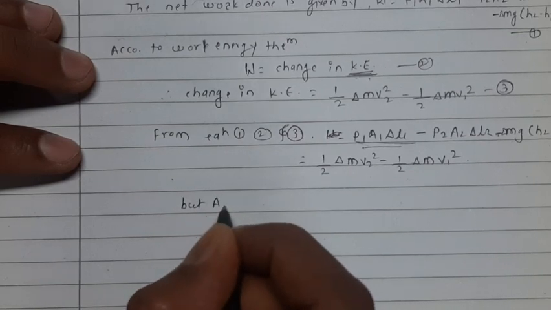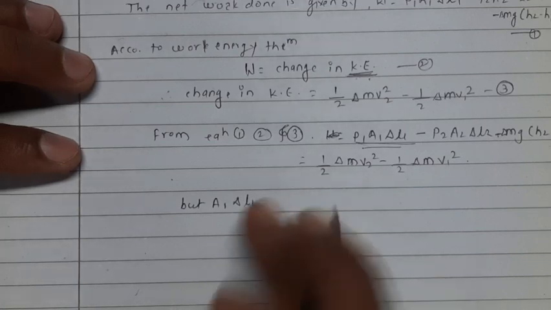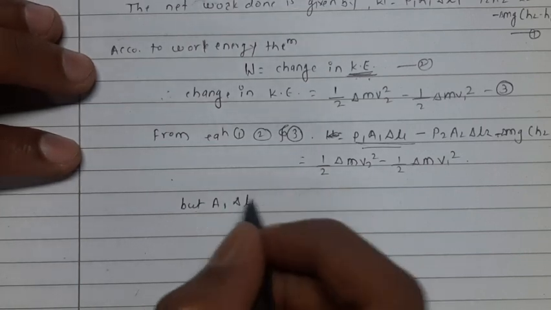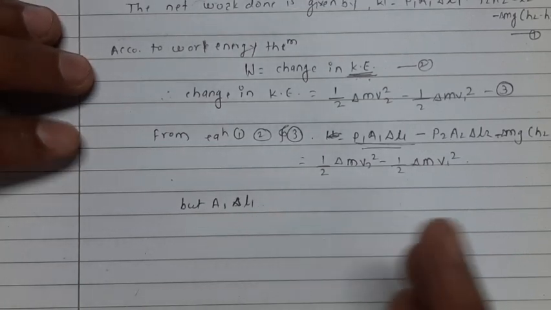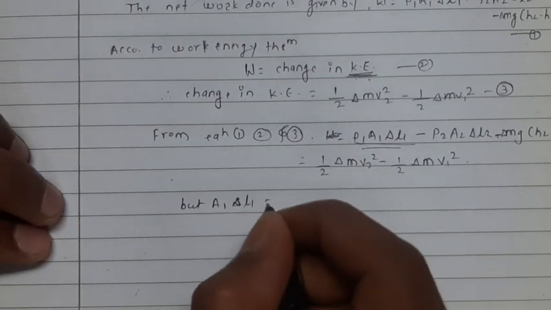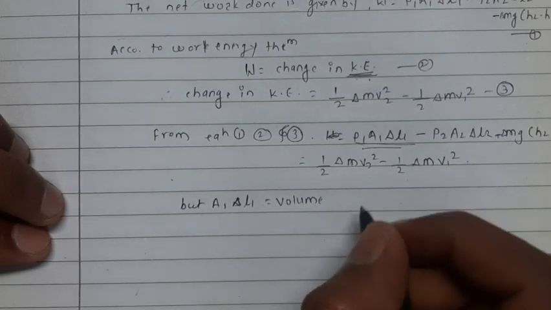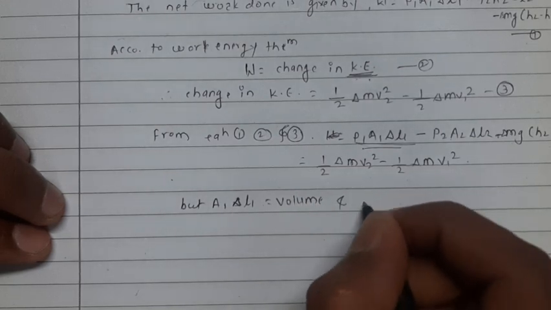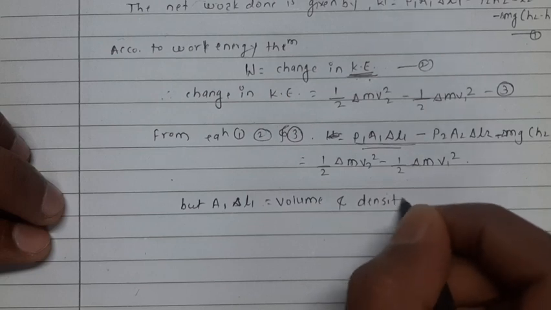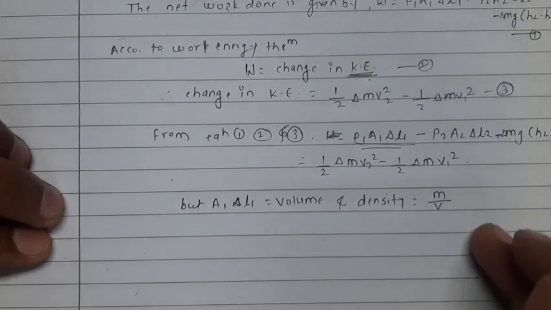A1 into delta L1. Now see what it was. This A1 is the area of cross section of the tube, and delta L1 is the length of the tube. So this is nothing but the volume of the tube. And density, we know, is equal to mass upon volume. This is the formula which we have already studied.